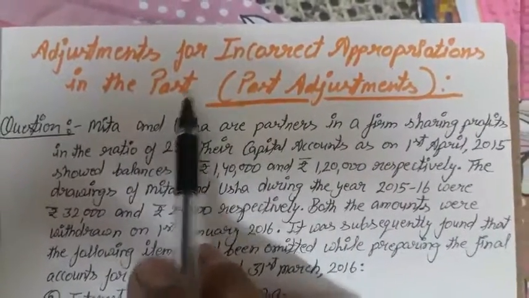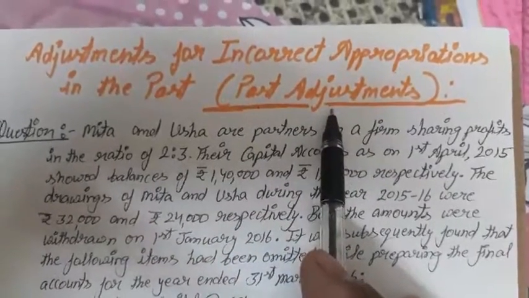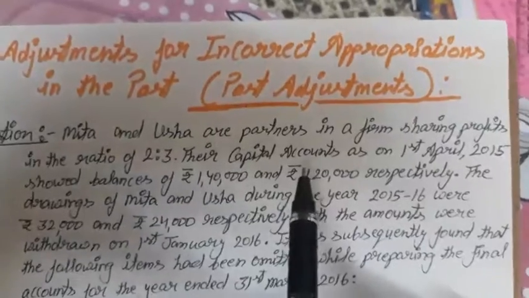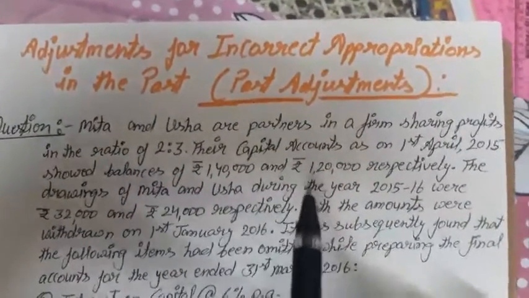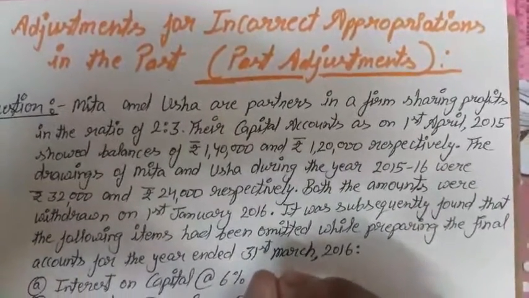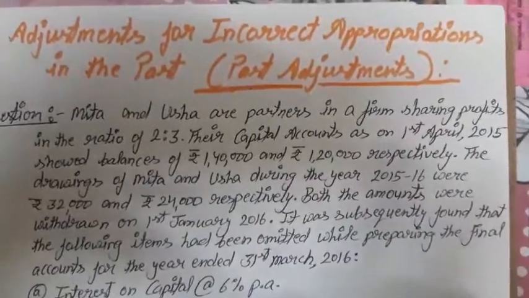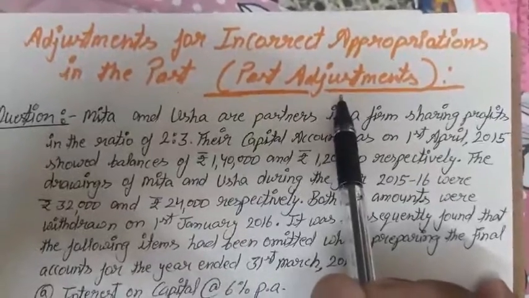We can say this is the past adjustment topic, and it is very important for CBSE board examinations. Up to 6 marks questions come from this topic every year. In this chapter, two concepts are more important: the Profit and Loss Appropriation Account, and the second one is past adjustment.